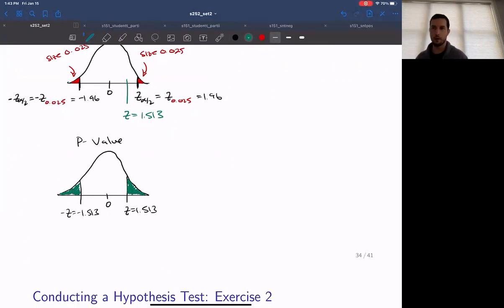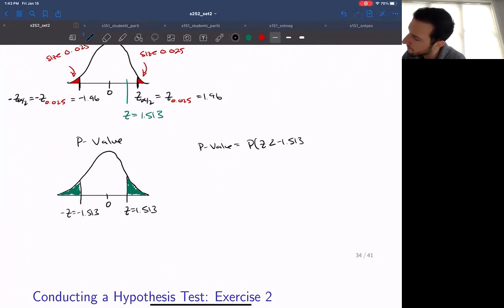Those areas are exactly the same size. So the p-value is equal to the probability that Z is less than negative 1.513 plus the probability Z is greater than 1.513.